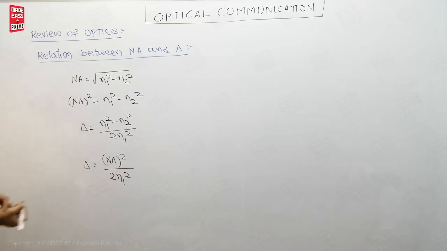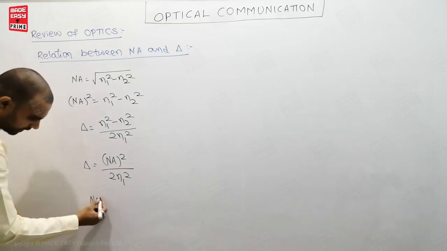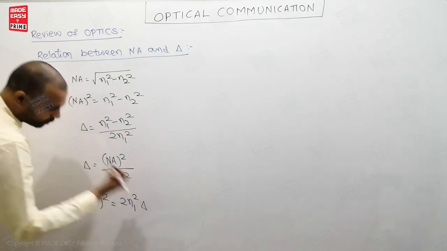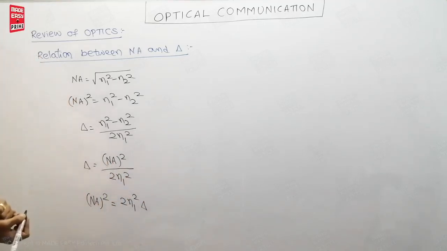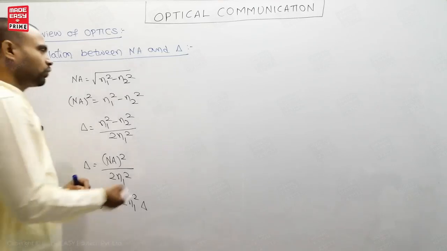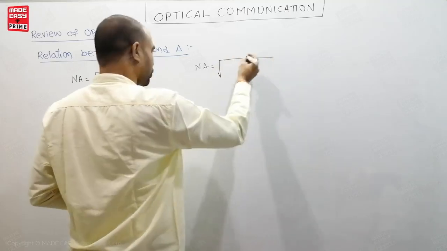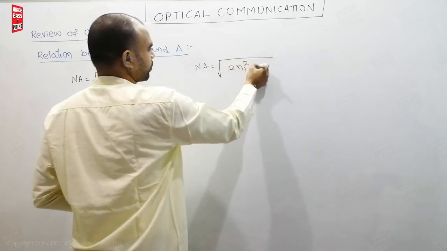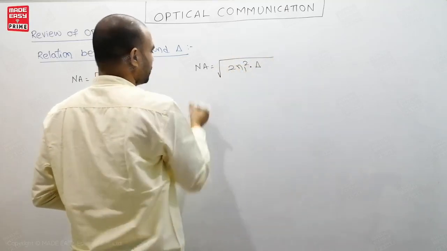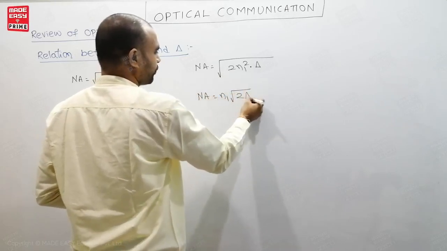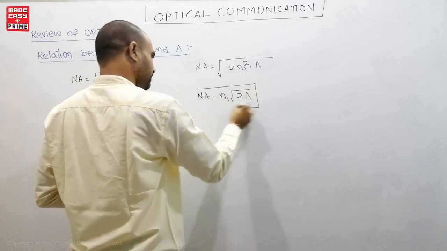Then NA whole square is equal to 2n1 square into delta. This is the formula we are having. So we can write numerical aperture is equal to the root of 2n1 square into delta. So numerical aperture NA is equal to n1 into root of 2 delta.